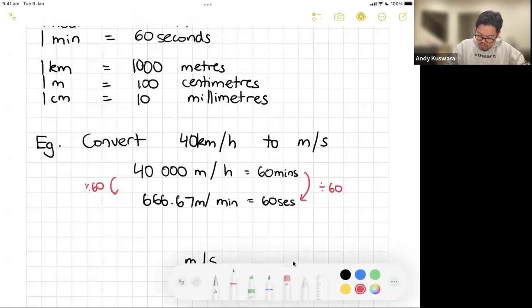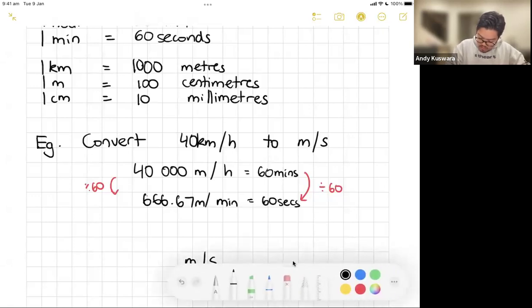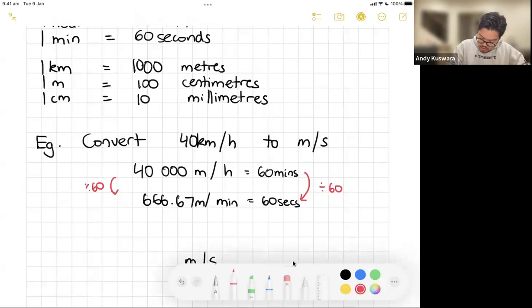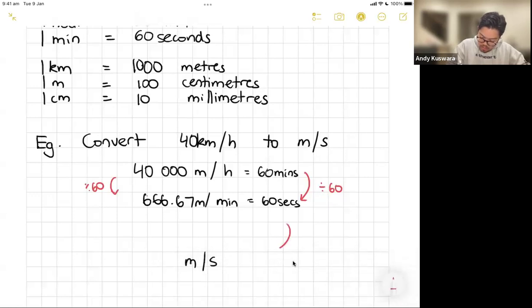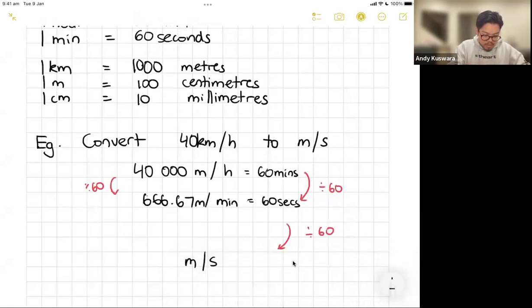And we know that a minute is 60 seconds. And so to get from that to a single second, we're going to do one more lot. We're going to divide it by another 60. Okay, do the same thing to the other side, divide by 60.